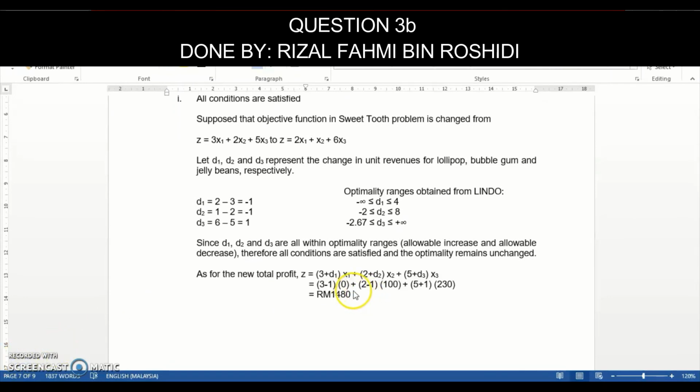We can get the new total profit, or the new Z value, by substituting back the values of D1, D2 and D3 and also the values of S1, S2 and S3 into the new objective function, and we will get the new total profit, which is 1480 ringgit. This shows that the proposed change will keep the current solution optimal but with a new value of Z.